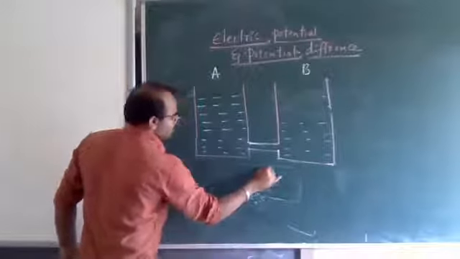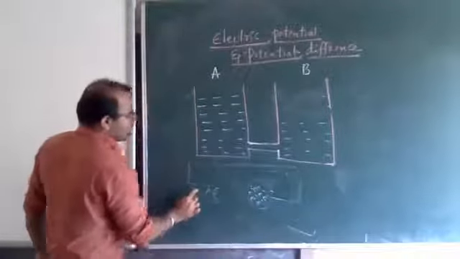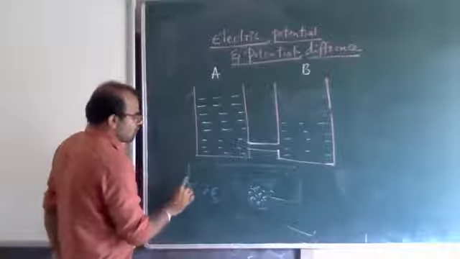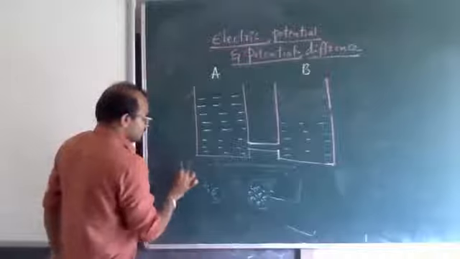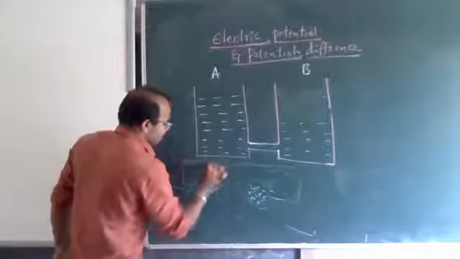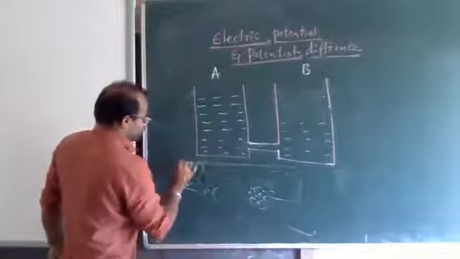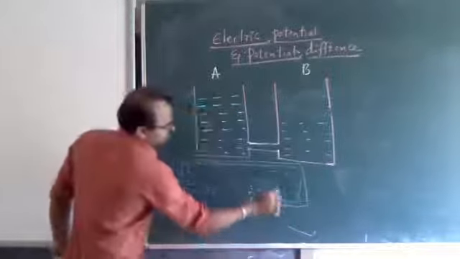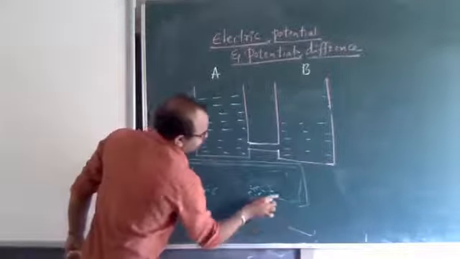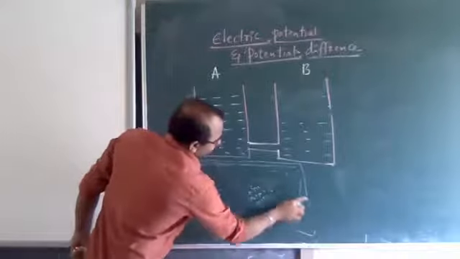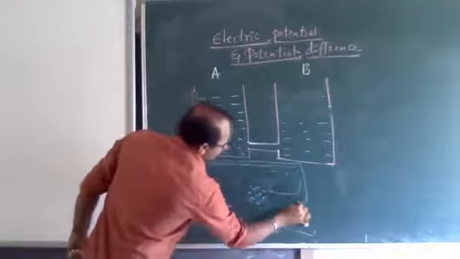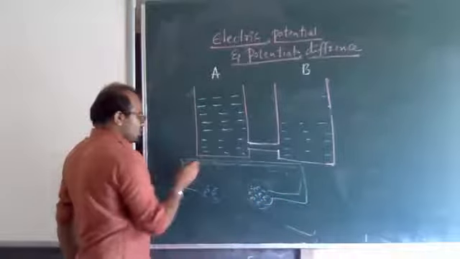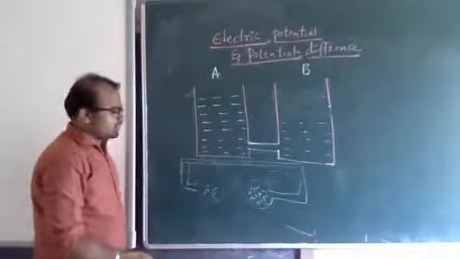Then what happens? There will be a flow of electrons, isn't it? More electrons are present here, and those are moving towards the fewer electrons.